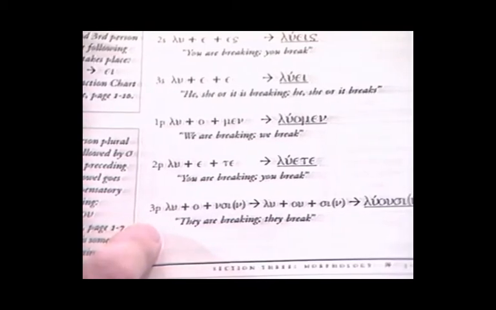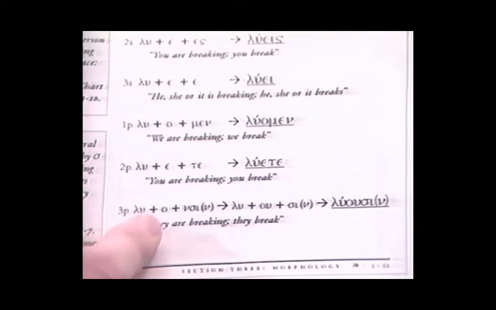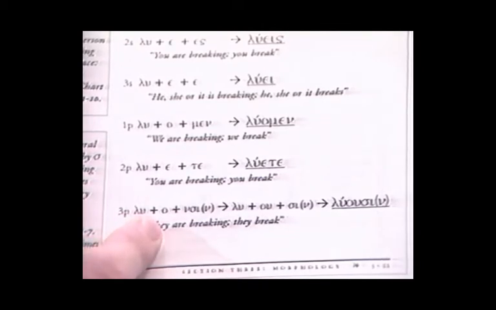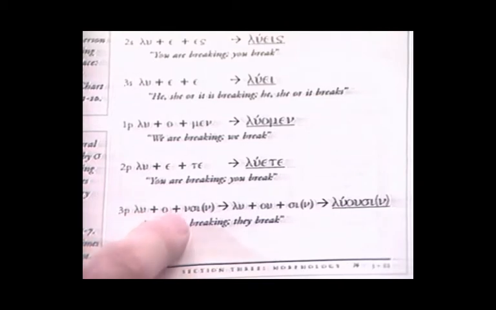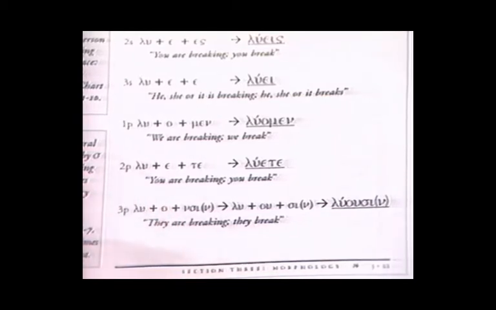The third plural is a little bit more complex. You see we have the verb stem lu, to which we add an omicron connecting vowel and an ending consisting of nu, sigma, iota, and a movable nu. What happens here is that when nu is followed by sigma, it falls away. It elides. Anything which is said to elide means that it falls away. Refer to the side note here and it explains what is happening.